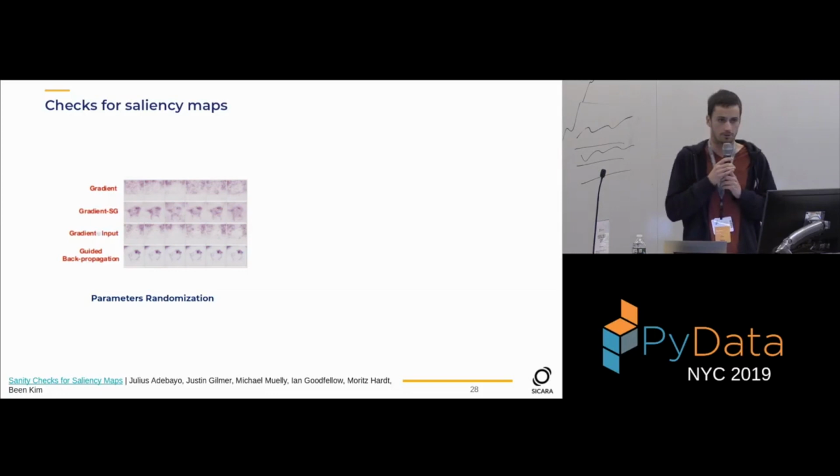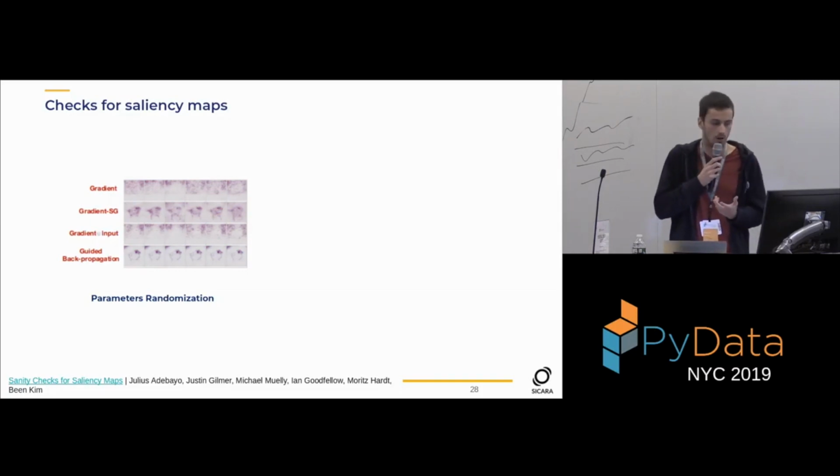So the first one is, okay, you have this model, and basically if you change some parameters in it, the output saliency map should change too. And the more you randomize some parameters, the more the saliency maps should do nonsense.